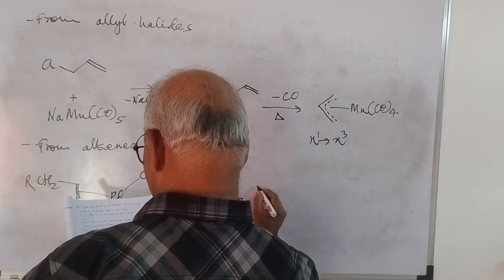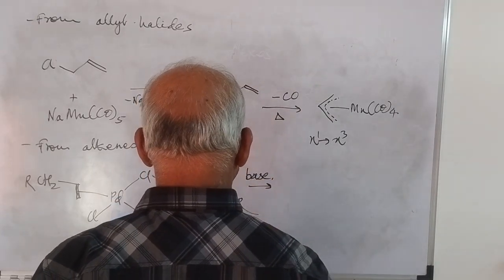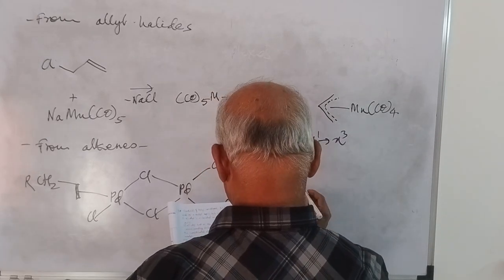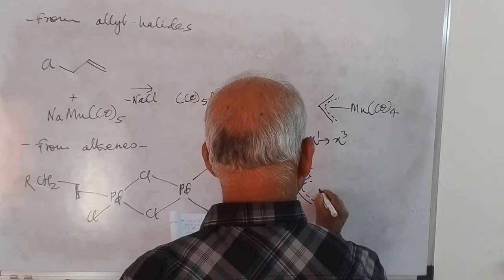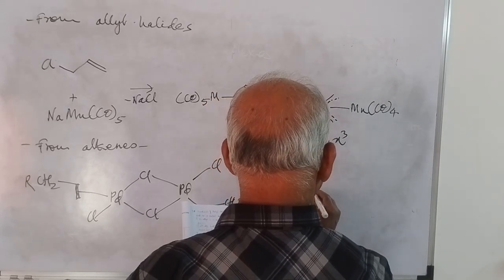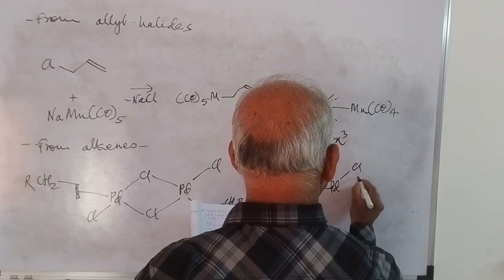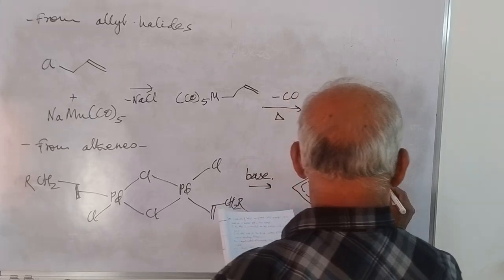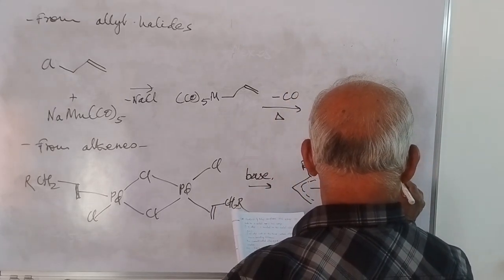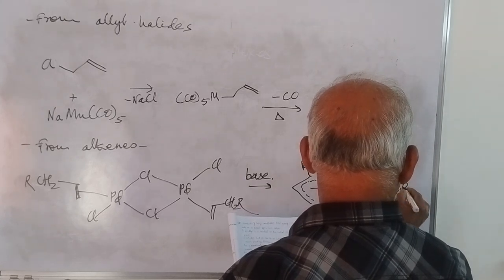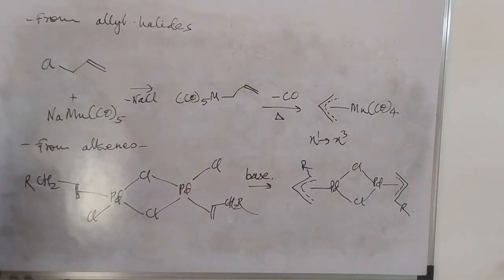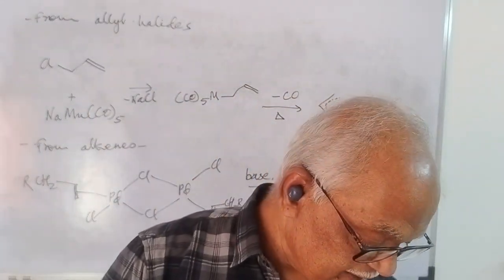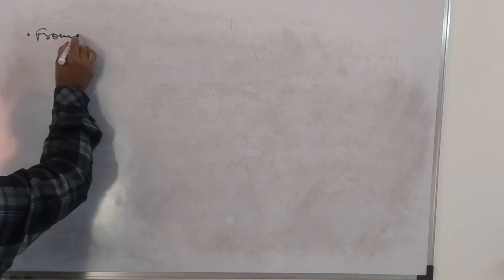So this complex, when treated with a base, gives a similar product. This way we get these alkenes.